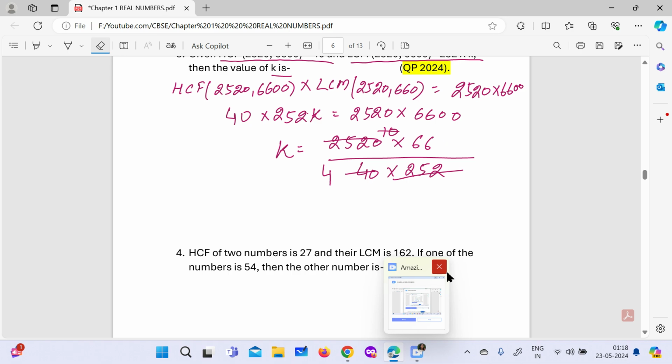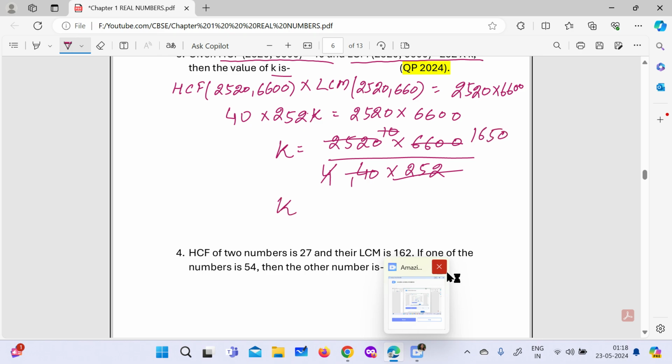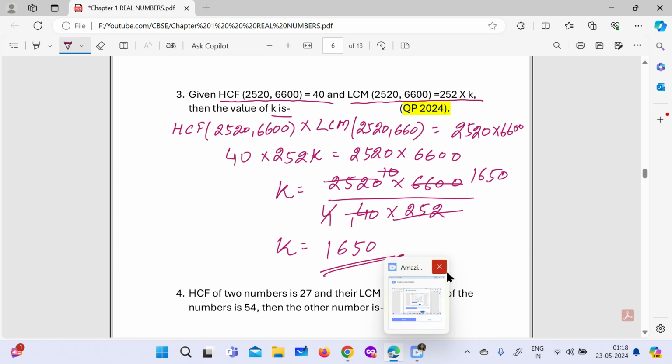So I will write this properly. This is 6,600. Now we can divide it. So 4 ones 4, 4 ones 4, 4 6 24, 4 5 20, and 0. So the value of K is 1650. Easy? I hope this is clear to everyone.